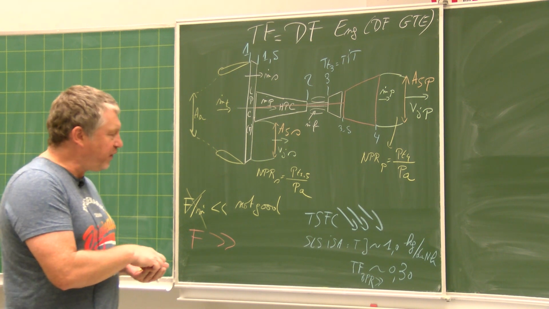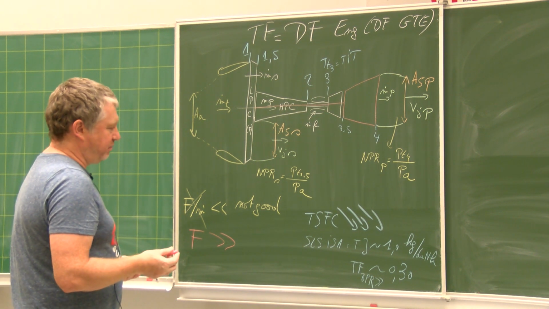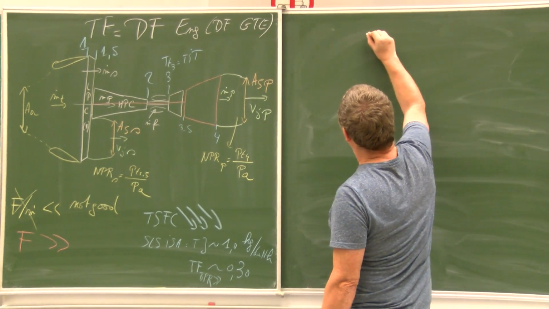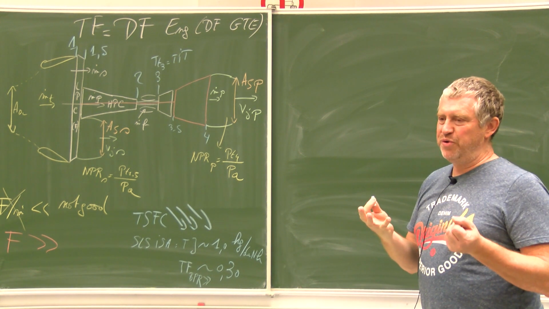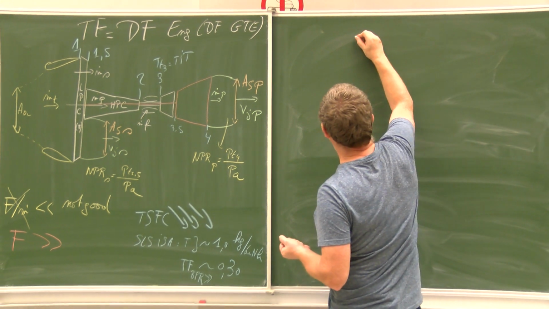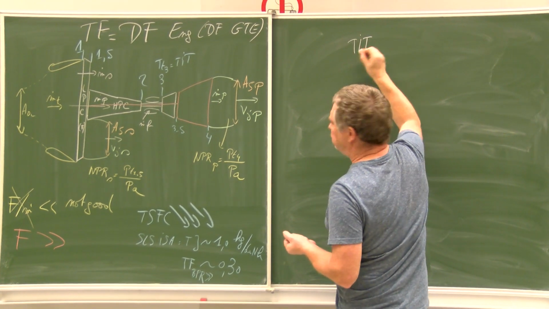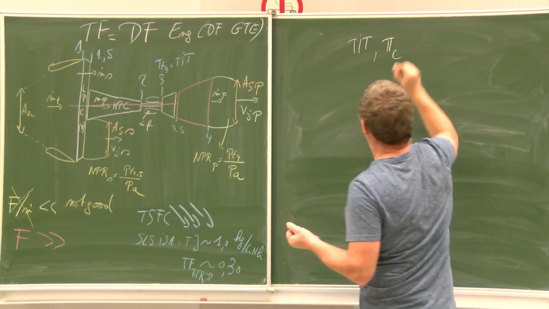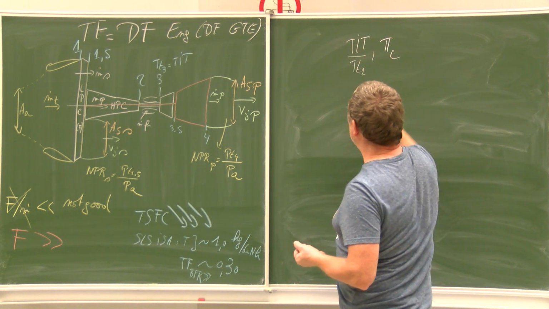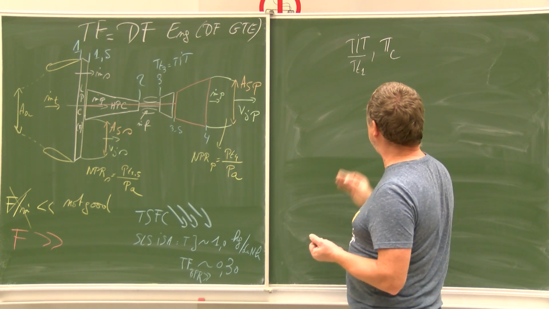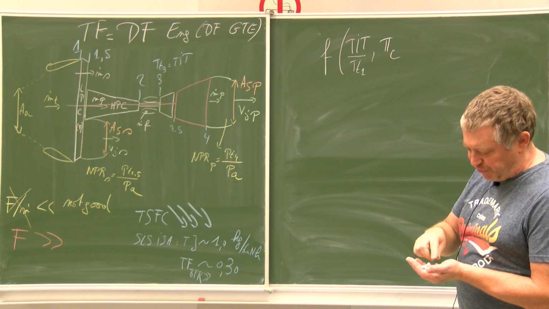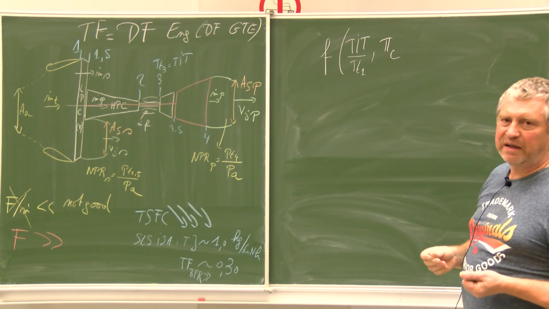Okay? And for that, this is, let's say, the second way to summarize the situation, we have introduced, in fact, more complexity in this engine. Because compared to before, where we had two design parameters, TIT (in fact TIT divided by TT1, that we should write) and the pressure ratio, we have introduced two new parameters in the design.